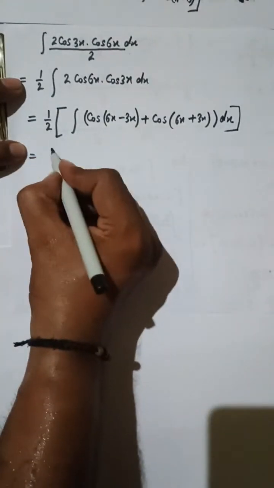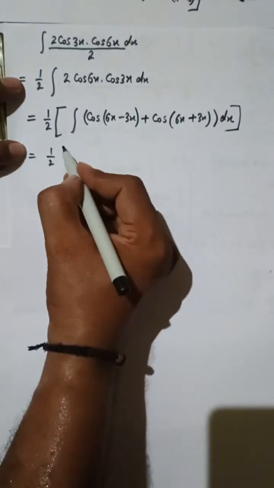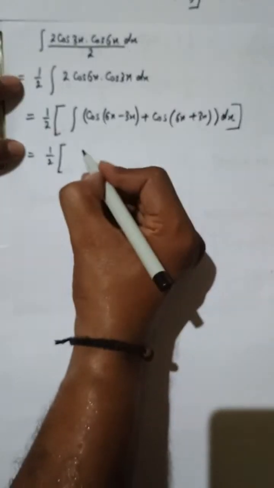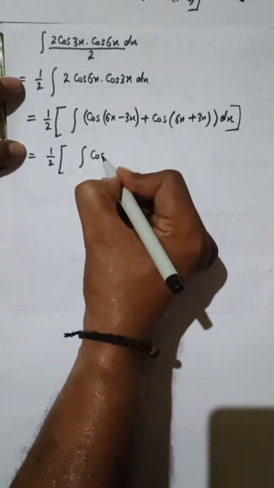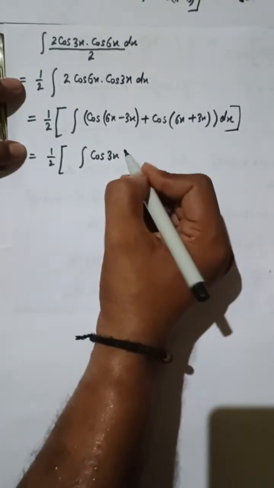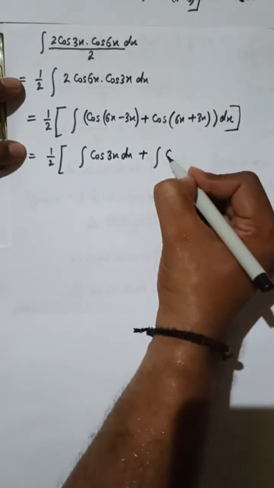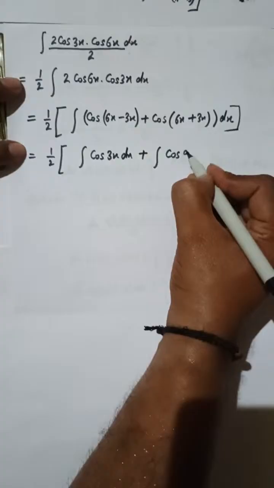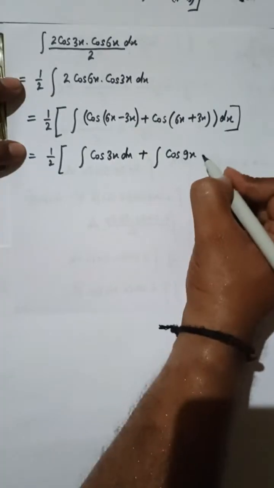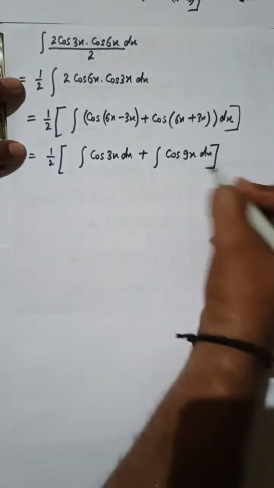So here we have 1 by 2 and then integration cos 6x minus 3x is what? Cos 3x, then dx, plus integration cos 9x dx.